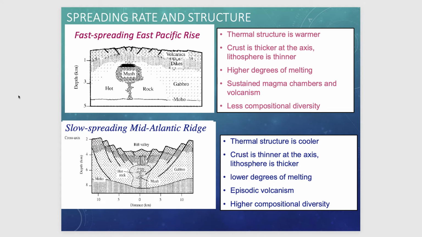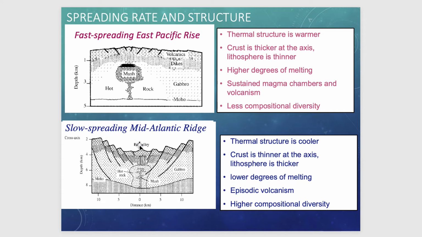Higher degrees of melting, so you have usually a larger mush of crystals and magma, and so you have sustained magma chambers and volcanism, as I was stating earlier. And this has also less compositional diversity, mostly because we are dealing with magma supply from the mantle. So nothing really to worry about in terms of major partial melting taking place.